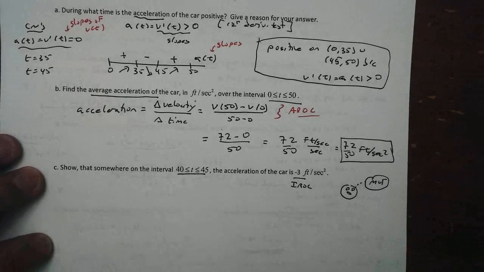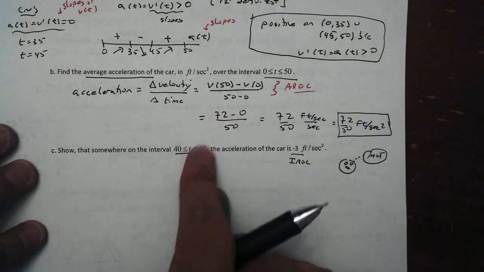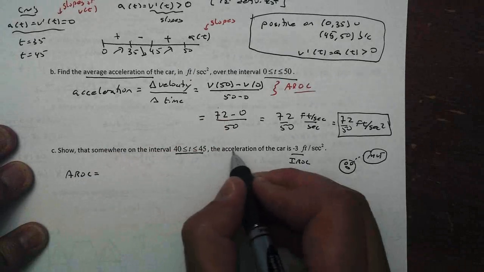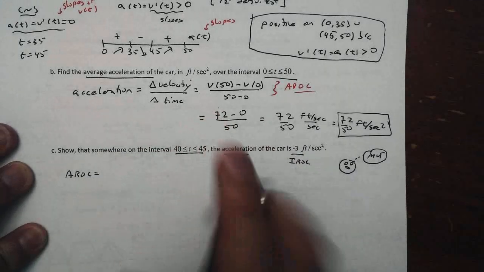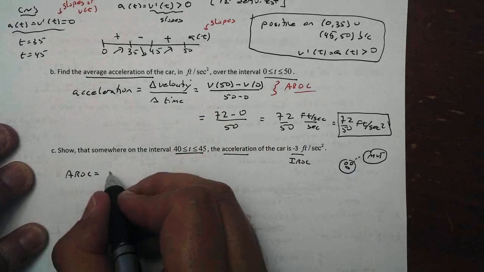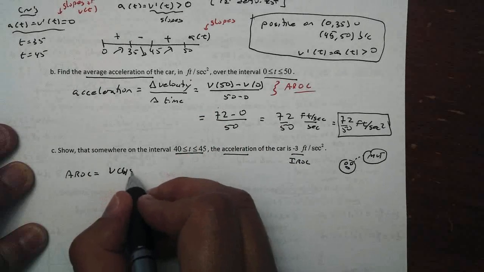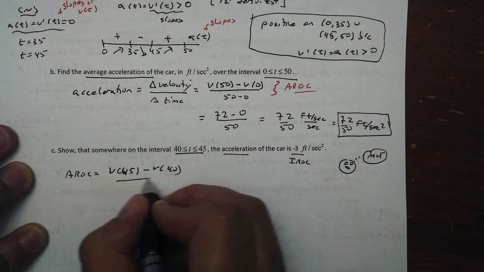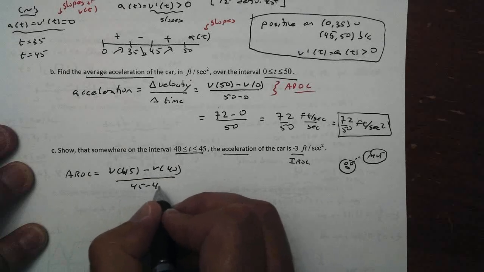MVT. That's what I'm thinking here. So I'm going to find my average rate of change. Just like what we did up here, it's the change in velocity, so it'll be my velocity at 45 minus my velocity at 40, over 45 minus 40.